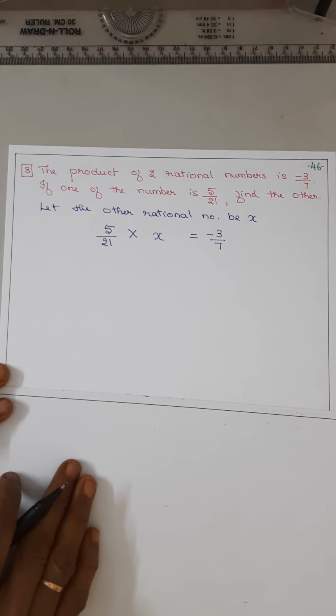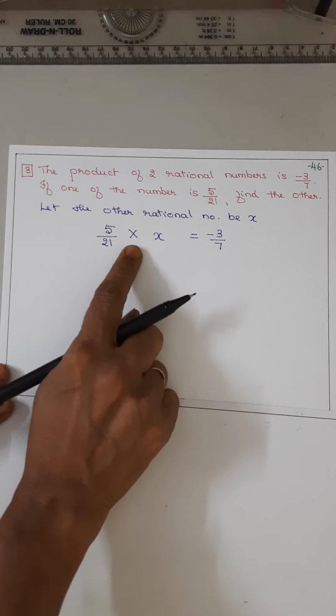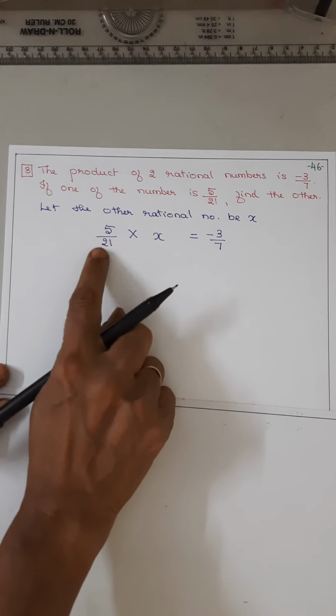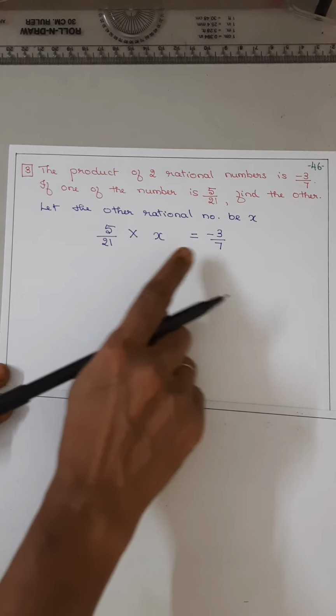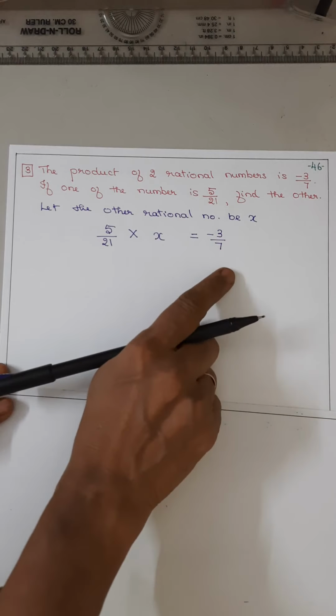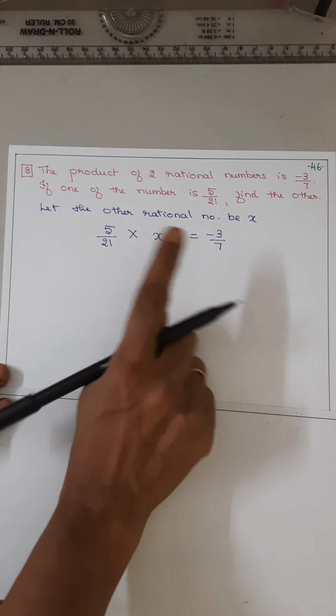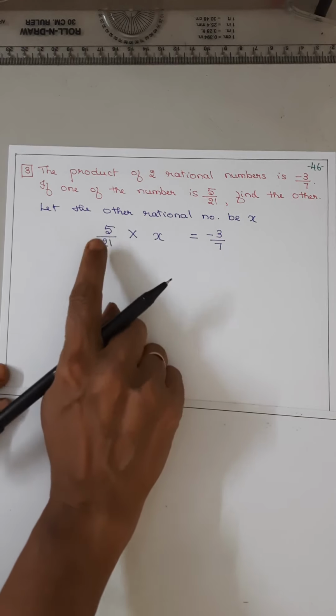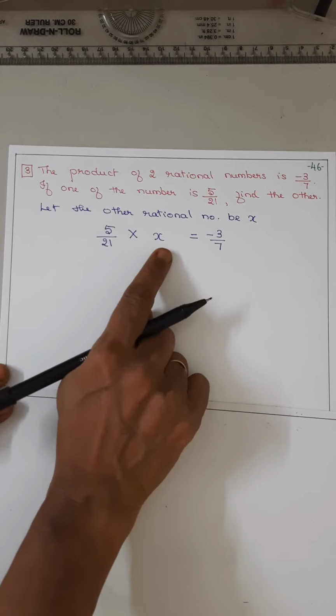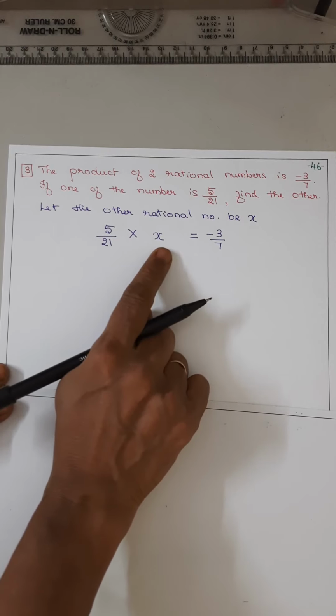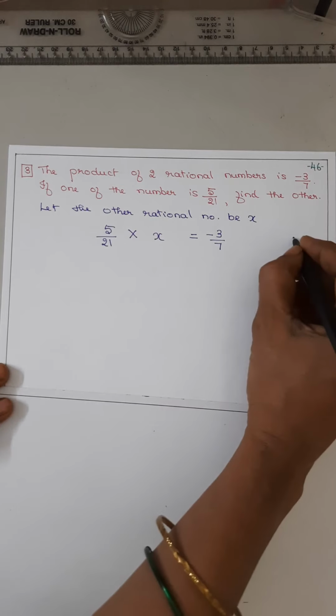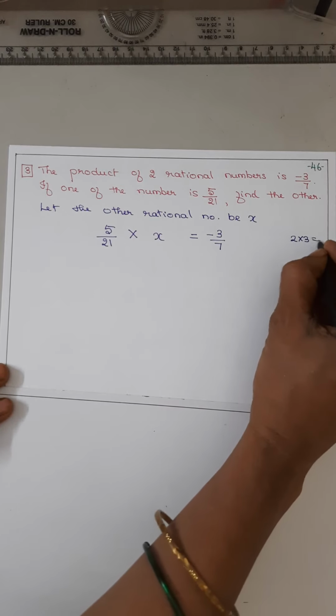Hope you have understood how to form the equation. The product, meaning the multiplication of two rational numbers, is minus 3 by 7. If one of the rational numbers is 5 by 21, what is the other? Let that be x. Already you know, I have told you 2 3s are 6.